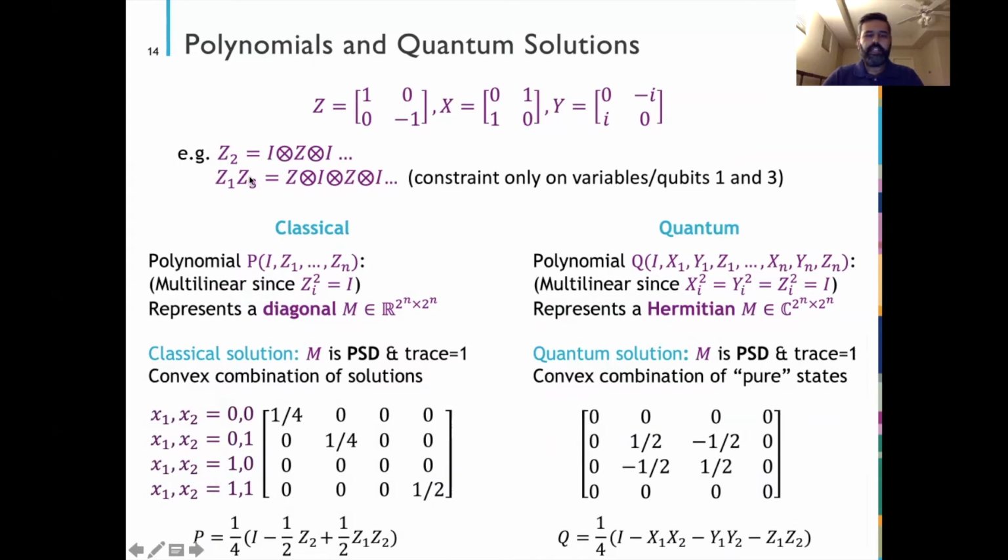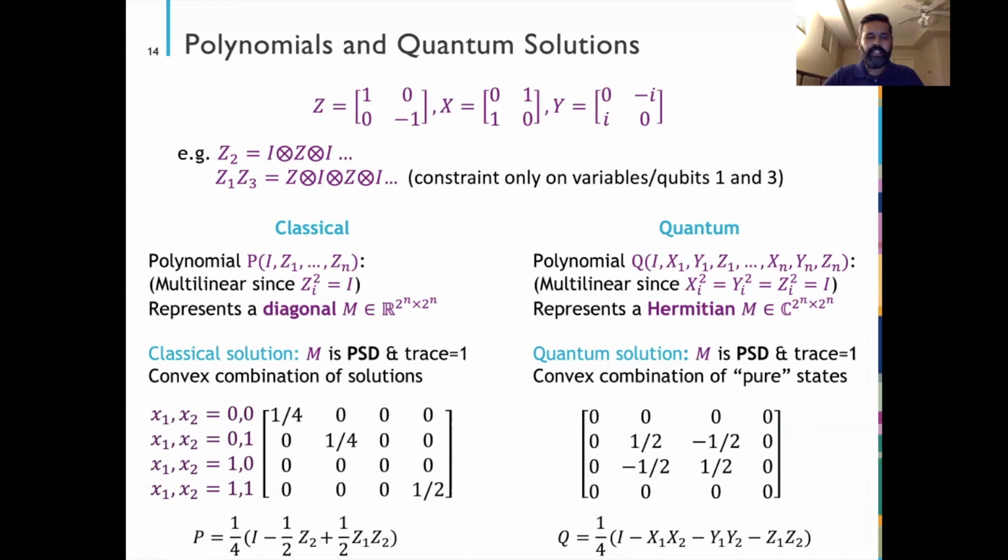So this is how we construct polynomials. We construct matrices and polynomials by taking tensor products of these operators, and they square to identity. So in fact, we only need to look at multilinear polynomials in these variables. The thing I want to mention is that if we only restrict ourselves to the Z and identity, so if we only look at polynomials using these matrices, this in some sense is completely equivalent to the classical case.